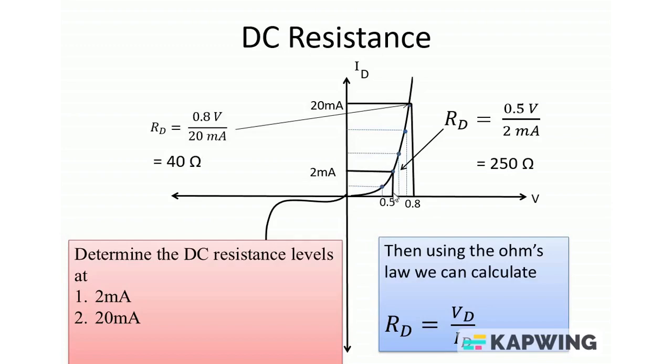So we can observe that at this operating point, the DC resistance is 40 ohms. The device offers less resistance in this region of operation because we have more current, and the device offers more resistance near the cut-in voltage or before the cut-in voltage, because less current is flowing through the device.